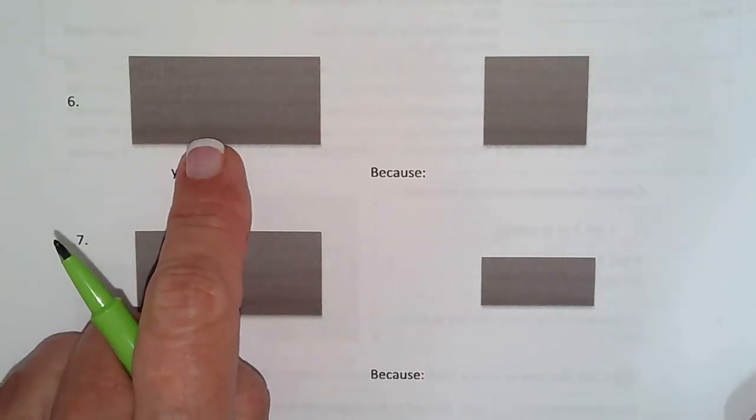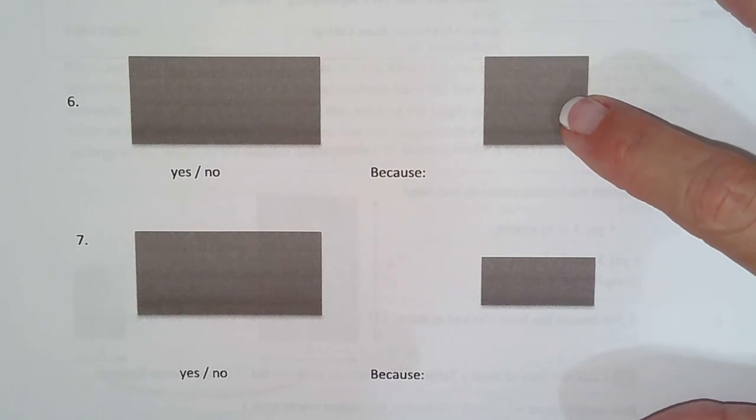Okay, one more page and then we'll move on to the math stuff after we get these definitions down. So page 3 of module 4, lesson 8. So this appears to be a rectangle and this appears to be a square.